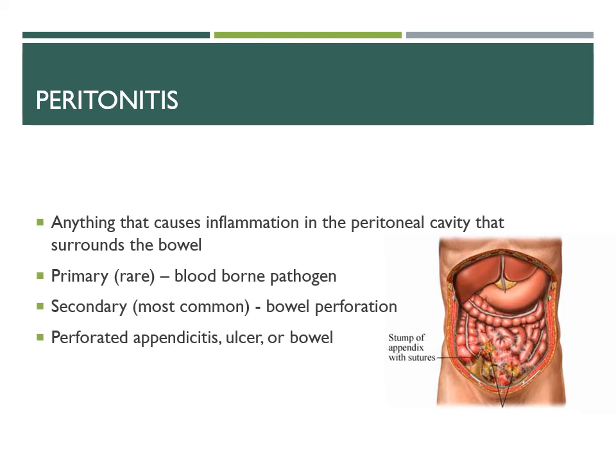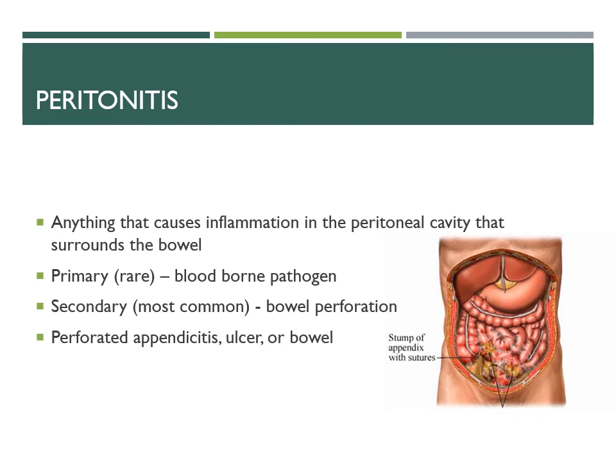Or you had a very aggressive Clostridium difficile illness and you had a large bowel perforation. Or you ignored the right lower quadrant pain of appendicitis and it finally perforated into your peritoneal cavity and you now have peritonitis. So bacteria and inflammation of the peritoneal cavity is peritonitis. And people are very sick with this, okay?